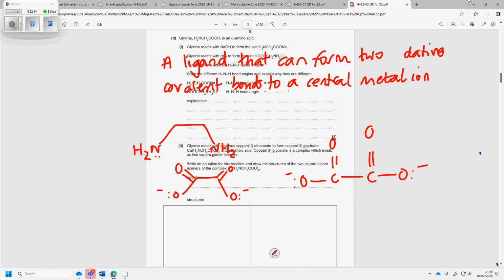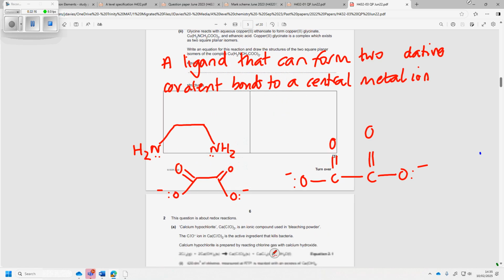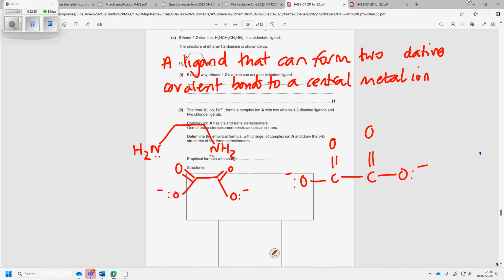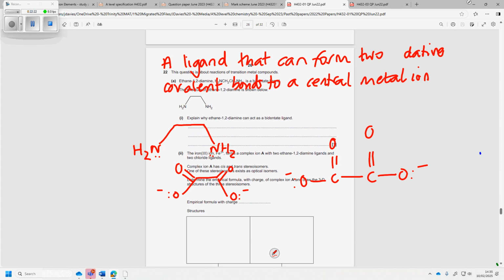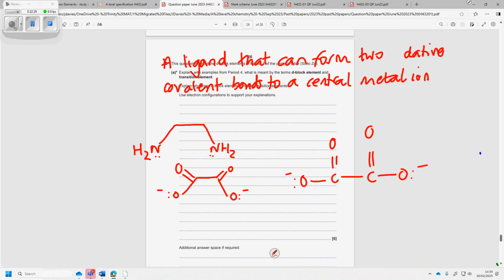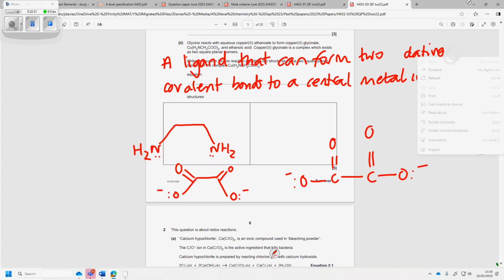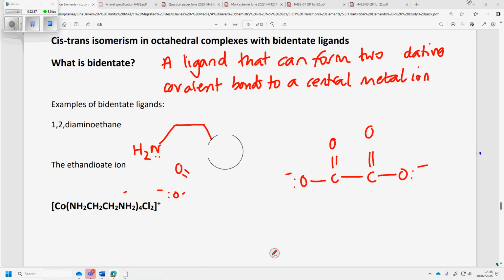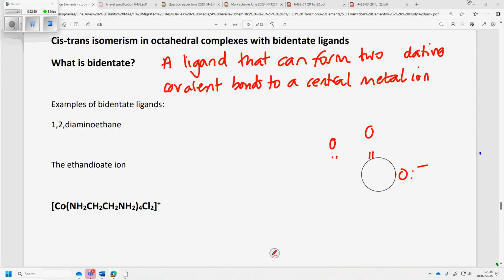For example, we've got the ethane-1,2-diamine. I'll find somewhere soon the example using the ethanedioate ion.